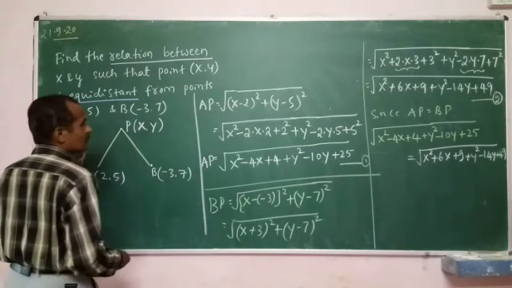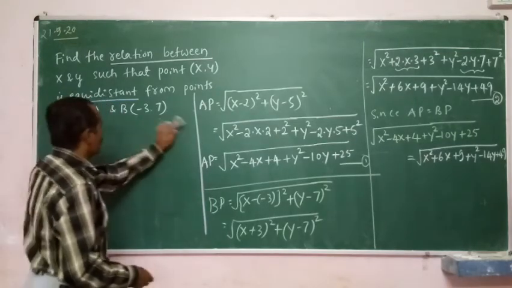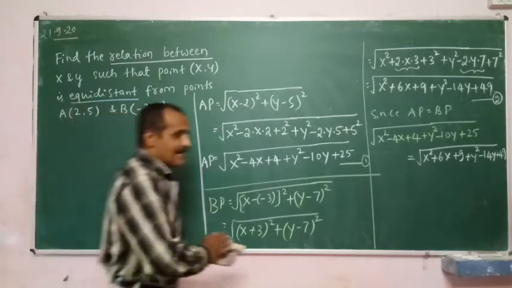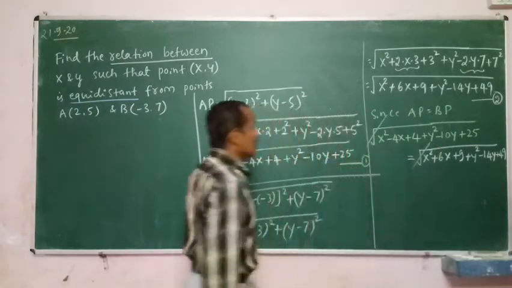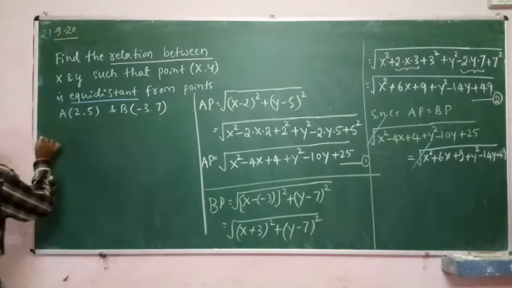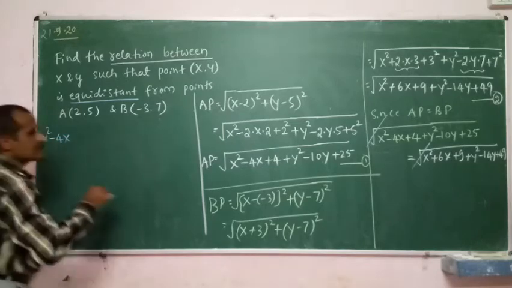When you square them, what happens? Both square roots are getting cancelled. I can write x square minus 4x.